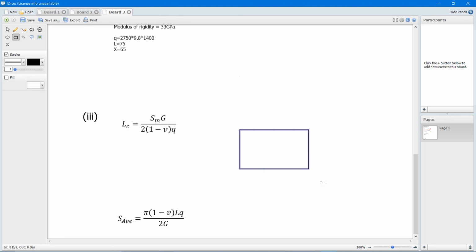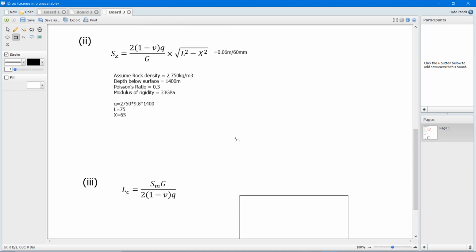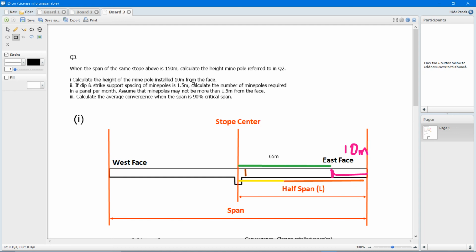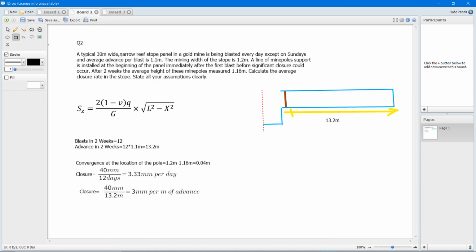We have a top view of the panel. Typically that's what the panel is like. Now remember, we've been told the width. It's said to be a typical 30-meter wide narrow reef stope.